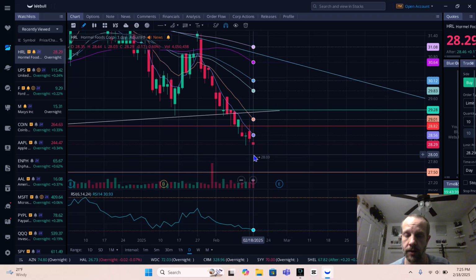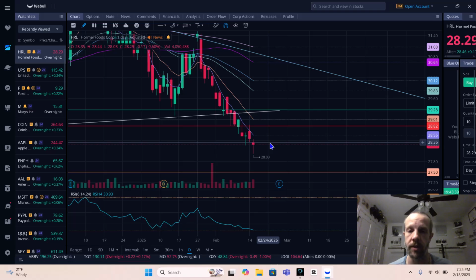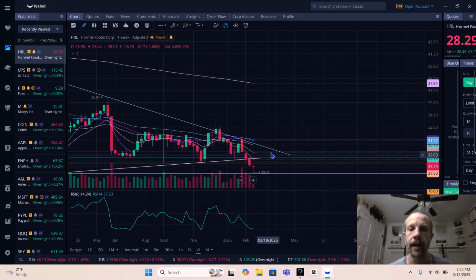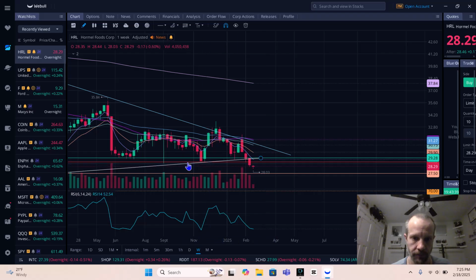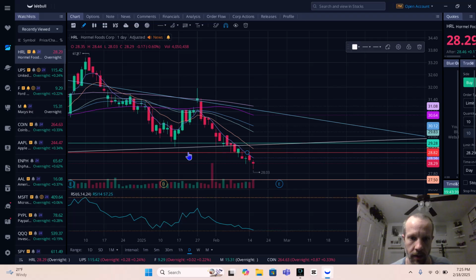It came all the way down to 28, and then it formed a hammer candle today. We've talked about hammer candles in the past and what they could potentially mean in the short term. And it would not be surprising if this trend line here got retested at some point, which would mean it would come up and touch the underside here, potentially.